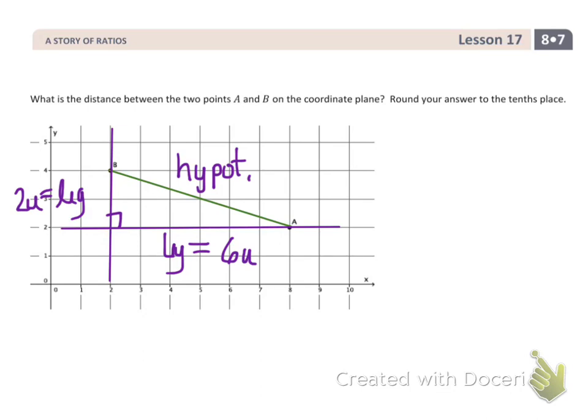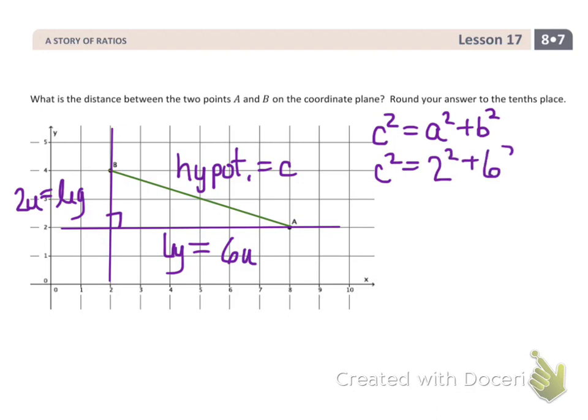Okay, so I've got the Pythagorean theorem here, and we'll let the hypotenuse be C. So C squared is equal to A squared plus B squared. So C squared is 2 squared plus 6 squared.